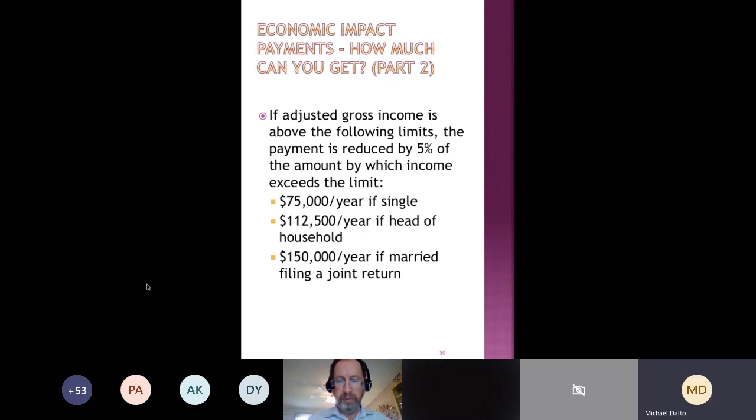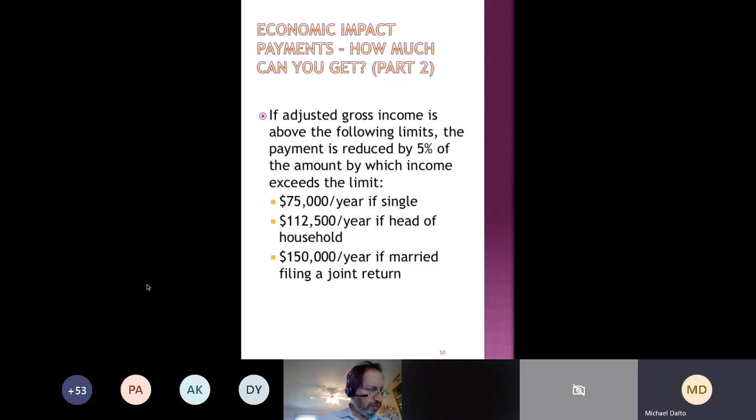So that's the basic payment. And an eligible person will receive the full basic payment, the full $1,200 or $2,400 for a married couple filing a joint tax return, plus the full $500 extra per qualifying child, if their income is below one of these limits. So if they're single and have no dependents, their taxable income is under $75,000 a year, they'll get the full $1,200.